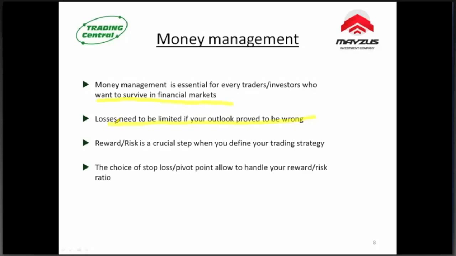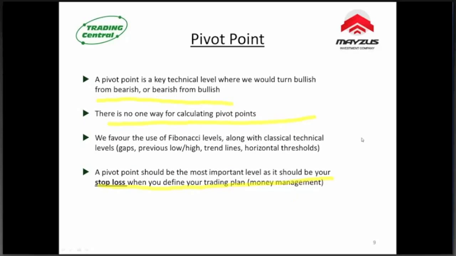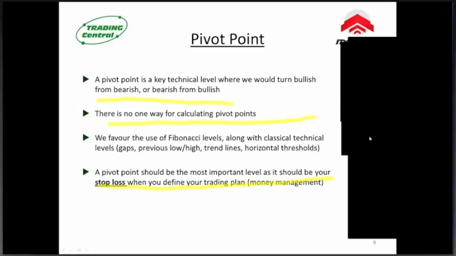It's very easy to understand: the choice of your stop loss, of your pivot point, allows you to handle your reward-risk ratio. So your stop loss, your pivot point, has to be a key technical level. I'm talking about the pivot point, so I need to define what a pivot point is at Trading Central.